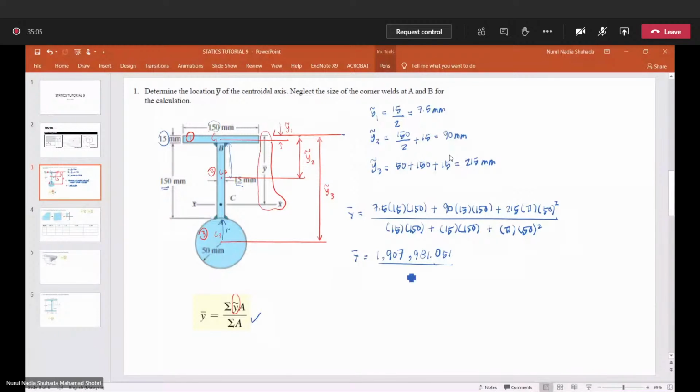The bottom part is 12353.981. So you divide these two numbers, and you will get 154 mm. So this is the answer.